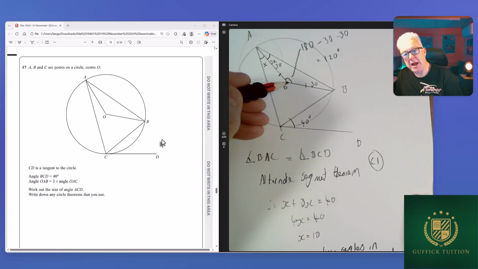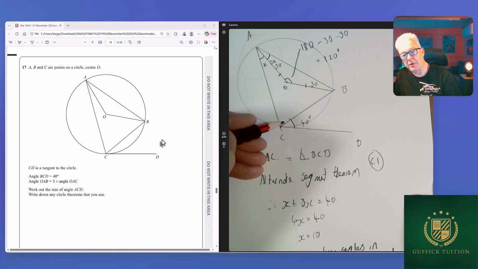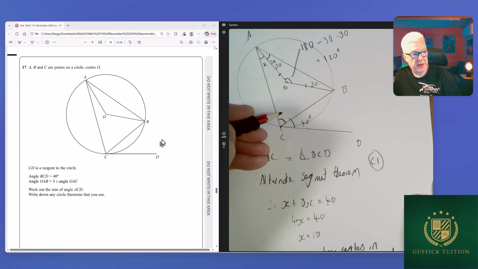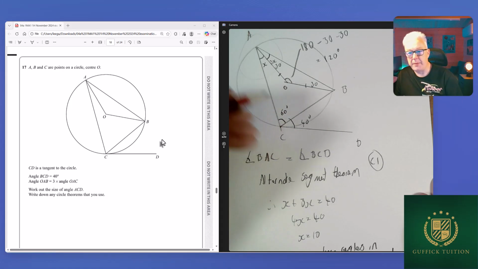Now, the angle at the circumference is equal to half the angle at the centre. So that means that this angle here is going to be 60 degrees. I may as well write that one down.